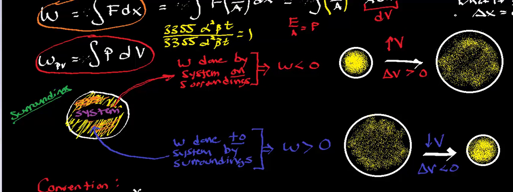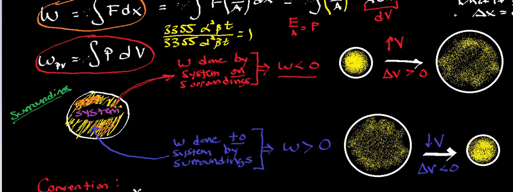An example of that would be if we have a small volume right here with a gas in it, and we do what's called an expansion of the gas. In other words, the volume is increasing, or delta V is greater than 0. This is an expansion of the gas, and because the system is doing work on the surroundings and losing energy, the work here is negative. Now let's look at the opposite case. Let's suppose the surroundings does work on the system.